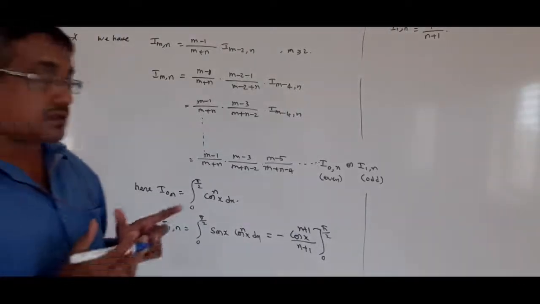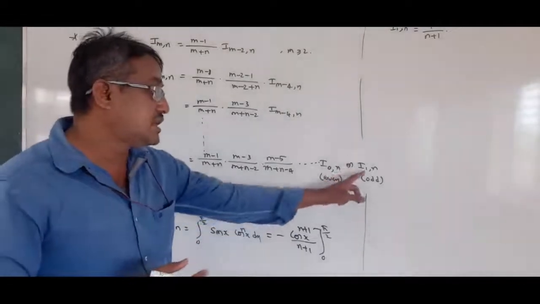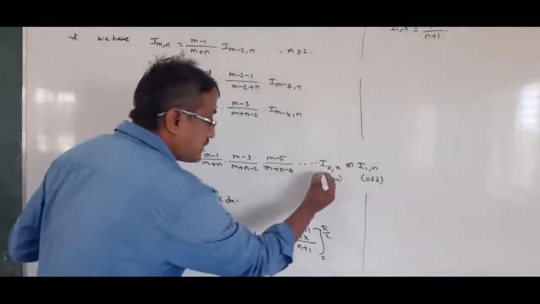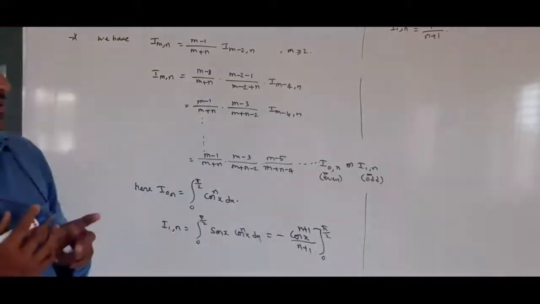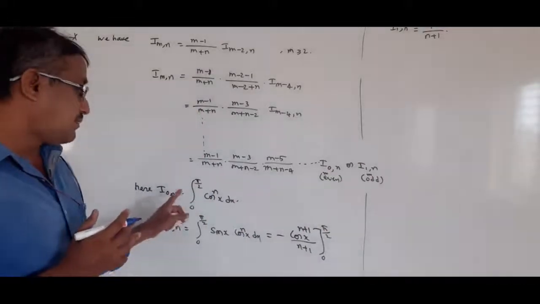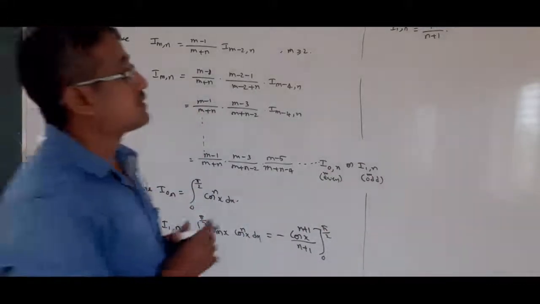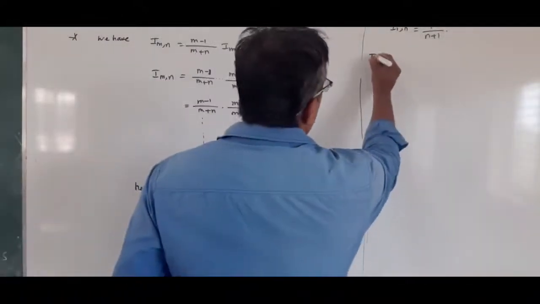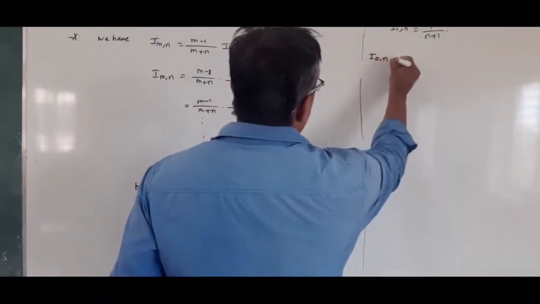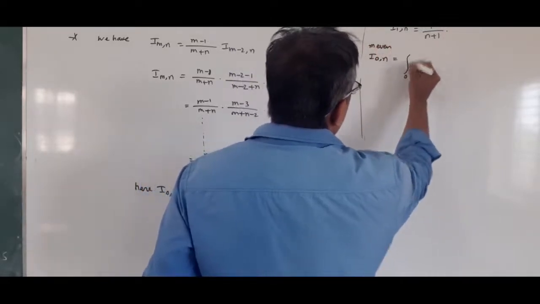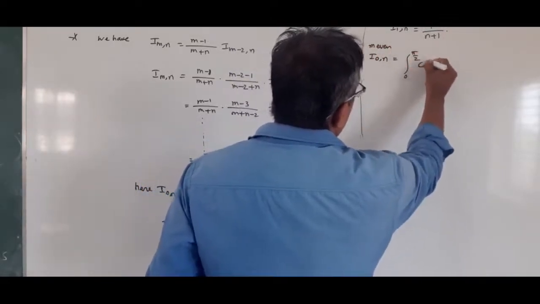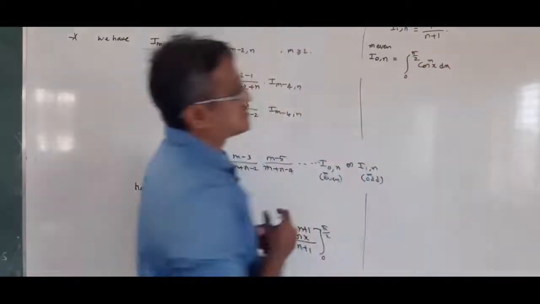When m is odd, here m even, m odd. Now let us see about m even. Now that is I(0,n), that is m even. It is the integral from 0 to pi by 2 of cos power n x dx.